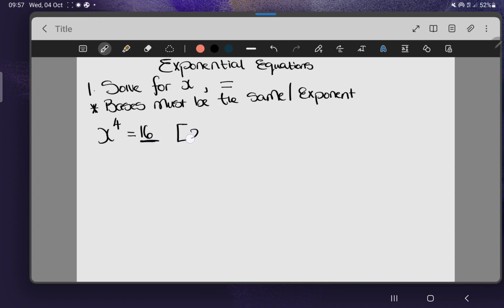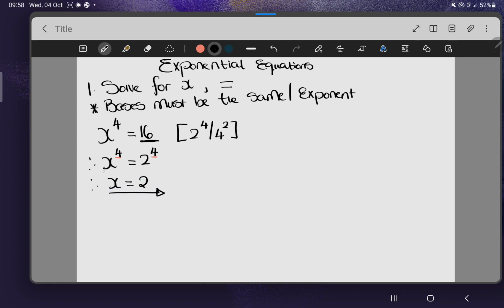I can use 2 to the power of 4 or 4 to the power of 2. So now obviously here, because of that 4 and the 4, I'm going to say x to the power of 4 is equal to 2 to the power of 4. So because the exponents are the same, my answer is the base. So then I am done.